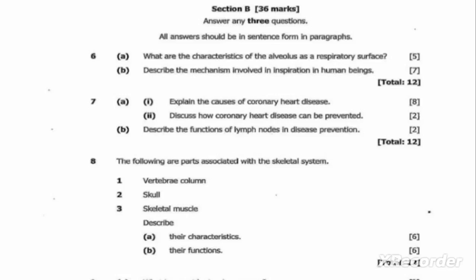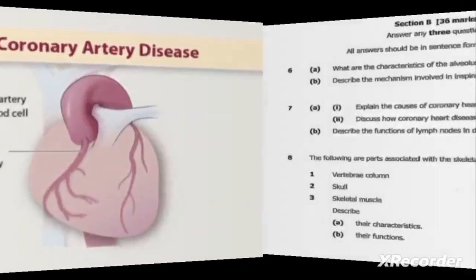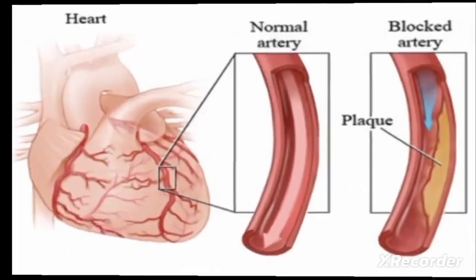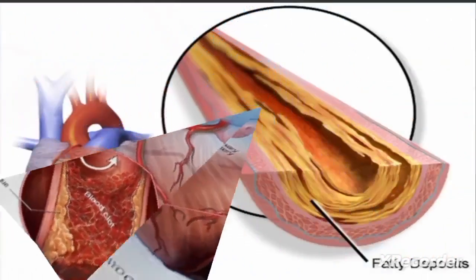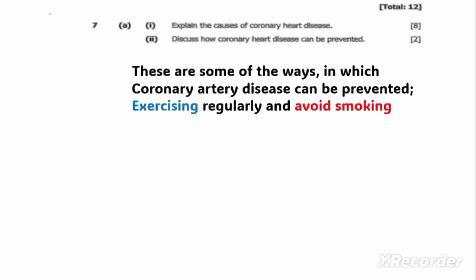Exercising regularly will help you to melt some of the fats that may be found within the coronary arteries. So therefore we are going to say these are some of the ways in which coronary heart disease can be prevented: exercising regularly and avoiding smoking. So in this way, coronary heart disease can be prevented.